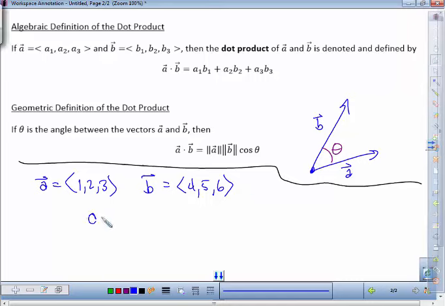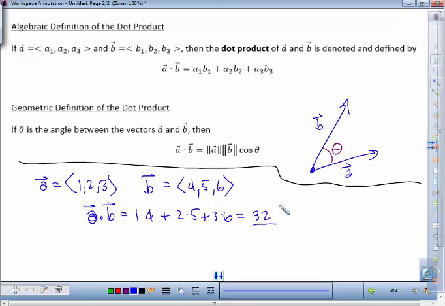A dot B is going to be, again, component by component. You would multiply them. 1 times 4 plus 2 times 5 plus 3 times 6, and that turns out to be 32.